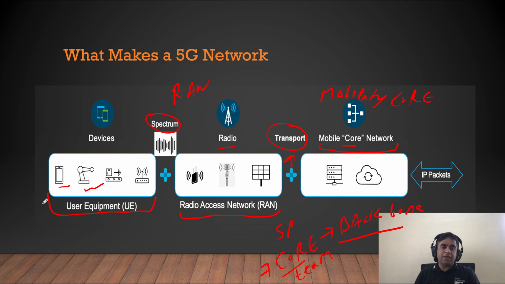So coming back to our discussion, today we will be opening up this picture from the left side. So we will be talking about the UEs. And to be honest, there is not much to talk about UEs, but we will be covering some part of it as what makes a UE 5G compatible. We will be looking at the spectrum piece.